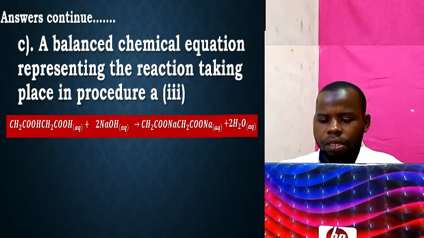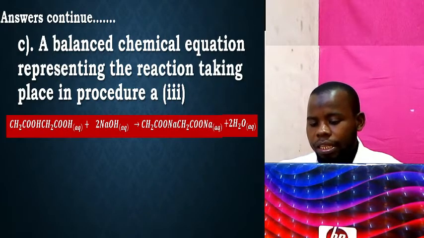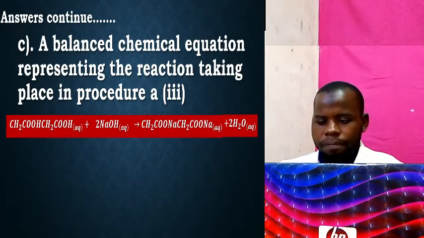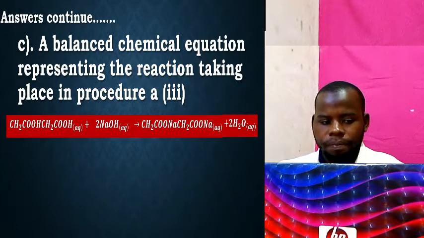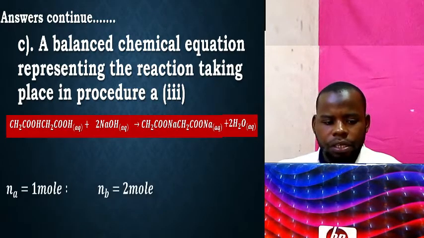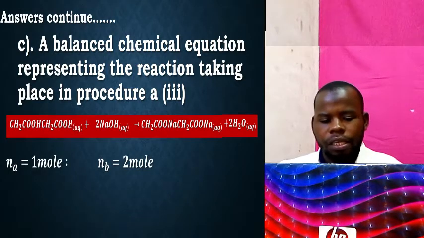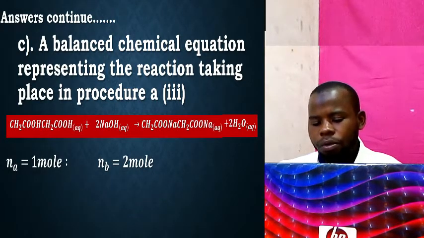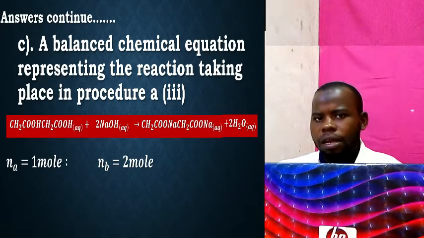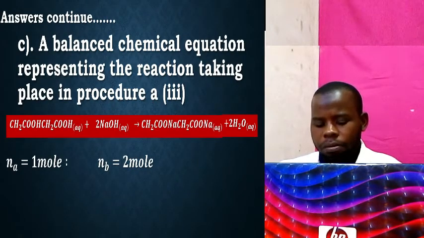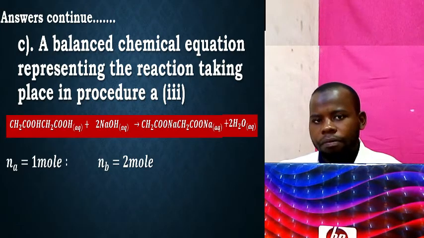This is liquid, sorry, not aqueous. Water is liquid. That is our balanced equation. The molar ratio: the number of moles of acid is 1, of base is 2 moles. I think we are together in our partition experiment number 1. This equation is performed in form 5 and form 6.